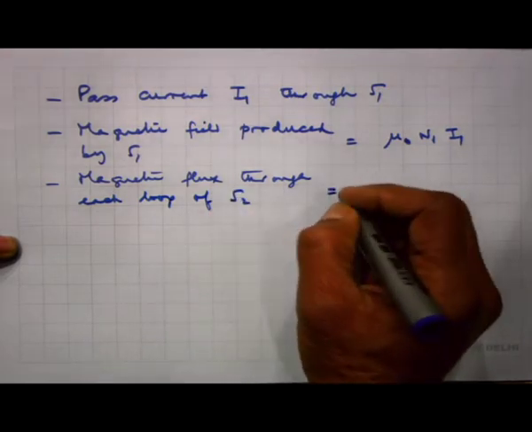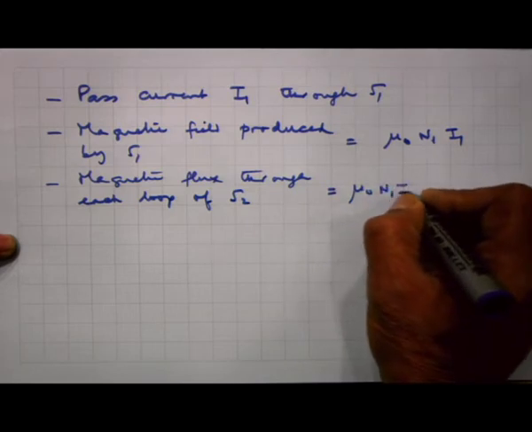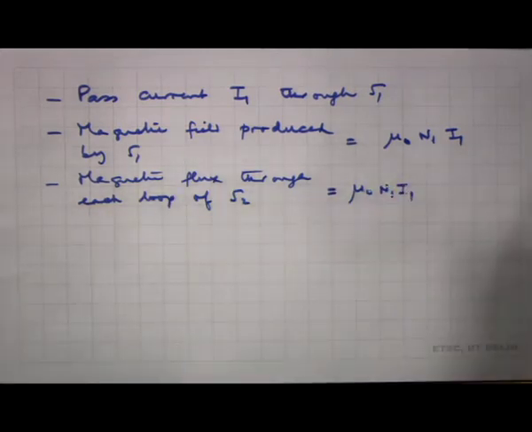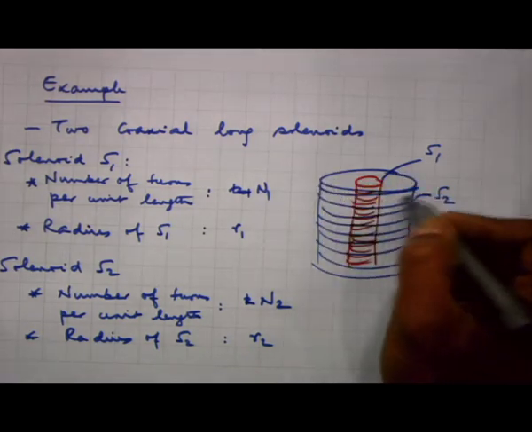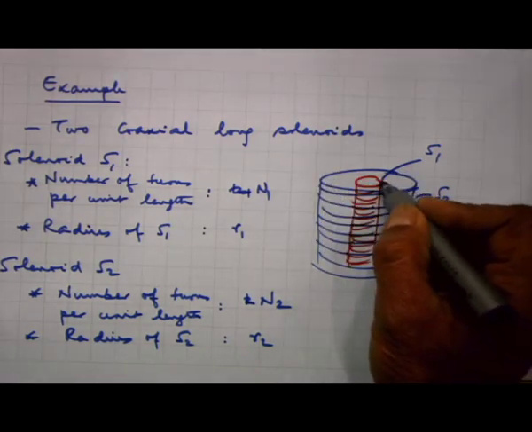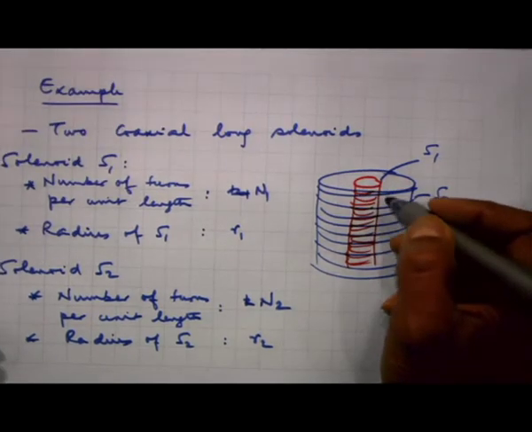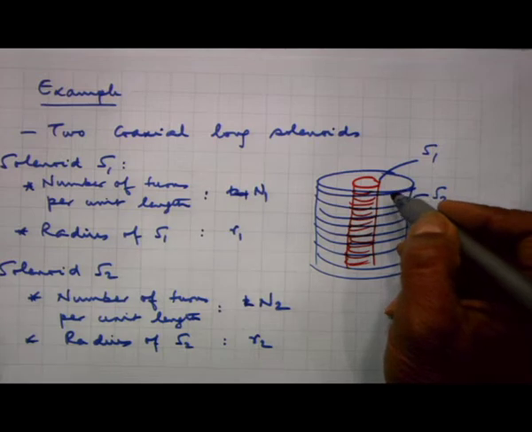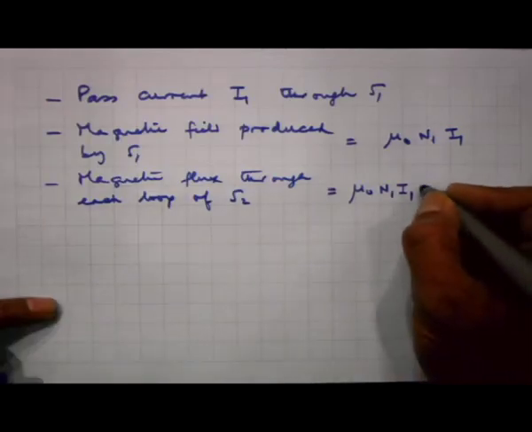It is equal to the magnetic field mu naught N1 I1 into this area only, because although S2 is bigger, there is no magnetic field outside between S1 and S2; the magnetic field only exists within S1. The flux is calculated by magnetic field times area, but the area in which the magnetic field exists is only this region. So, this must be equal to mu naught N1 I1 into pi R1 square.